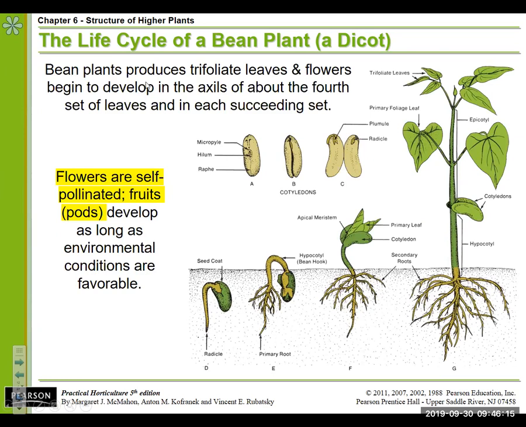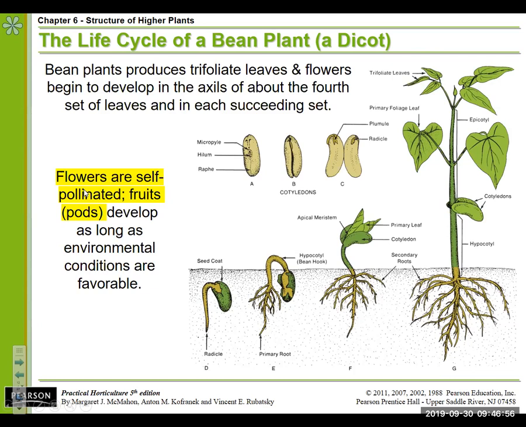So as the bean plants are growing, that meristem is where these cells, the stem cells, right, are basically becoming differentiated into different plant parts. So whether they're making new leaves, or stem cells, literally, or flower buds and flowers. In beans, and this is not all dicots, in fact, not a good portion at all, but in beans, the flowers are actually self-pollinated.